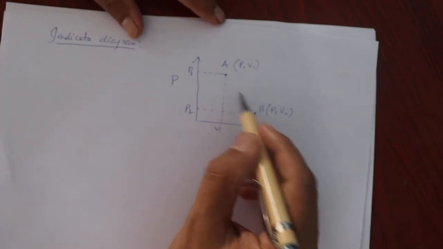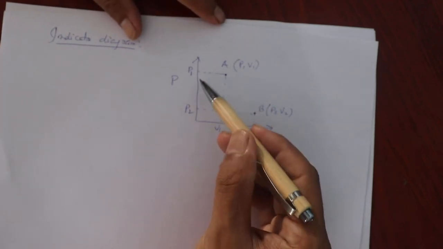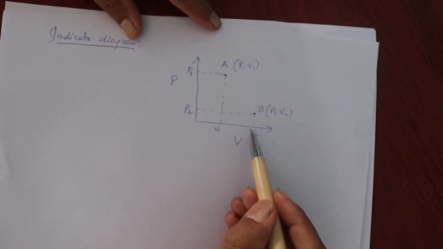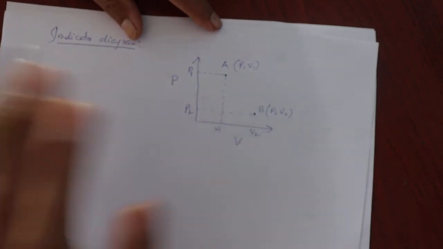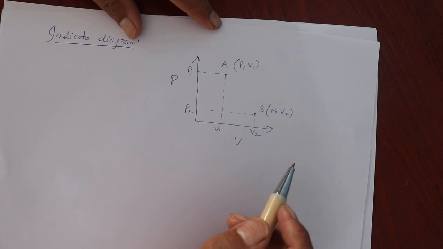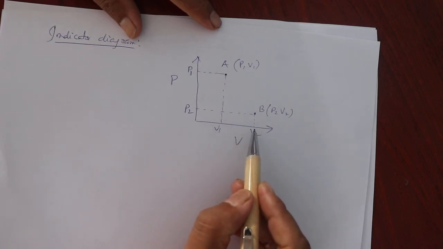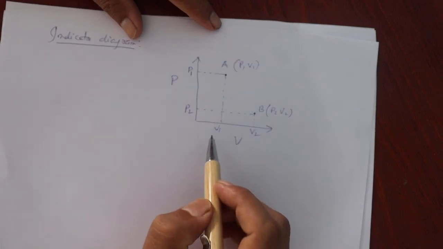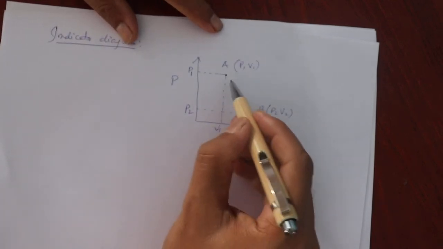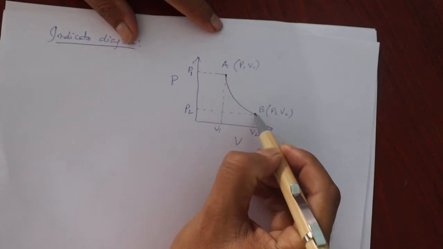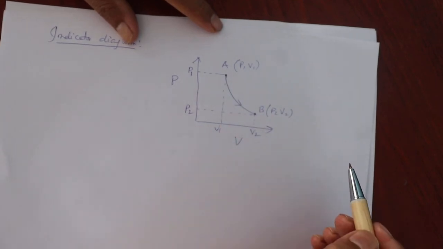When a gas is expanded, volume goes on increasing and pressure is decreasing. Just imagine the situation. During expansion of a gas, volume should be increasing and pressure should be decreasing. So I can plot it with a curve like this.